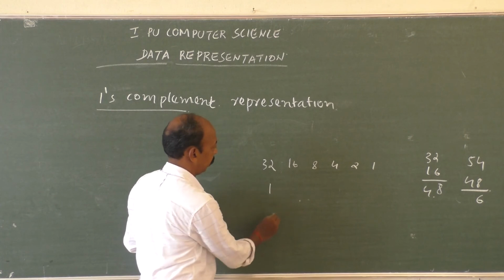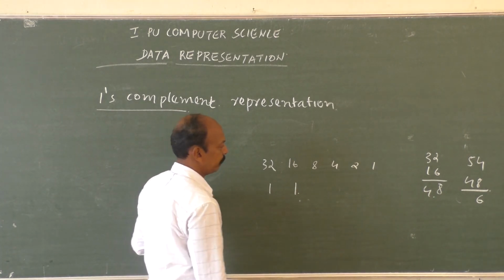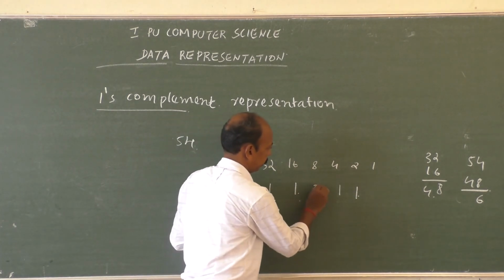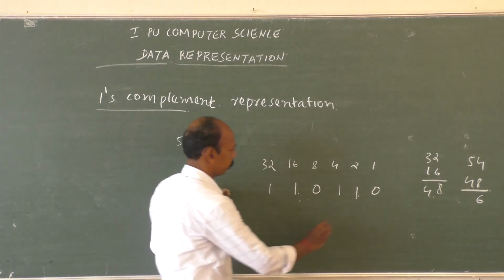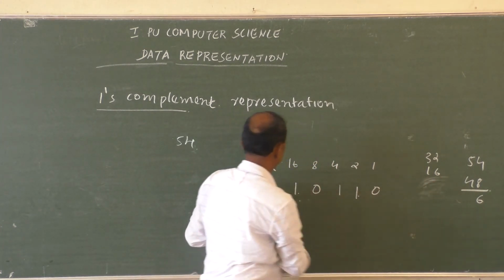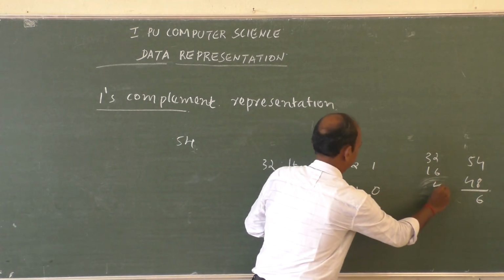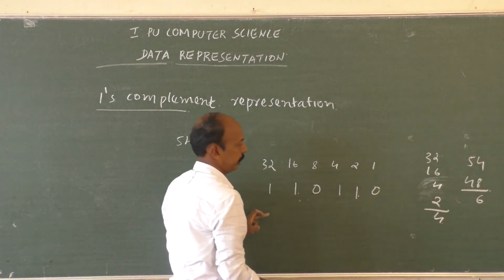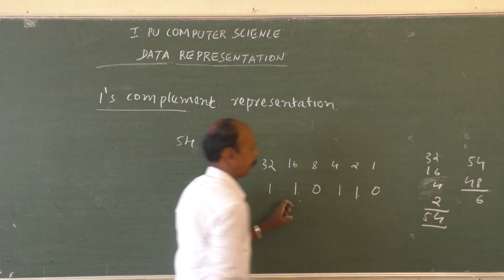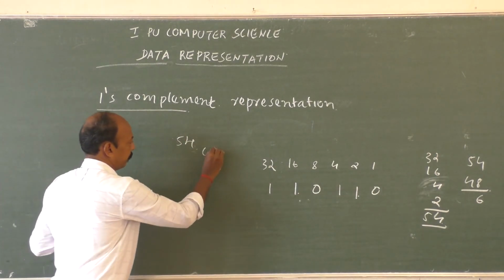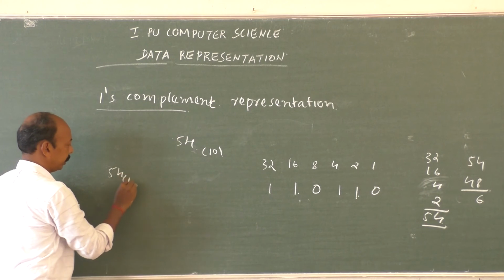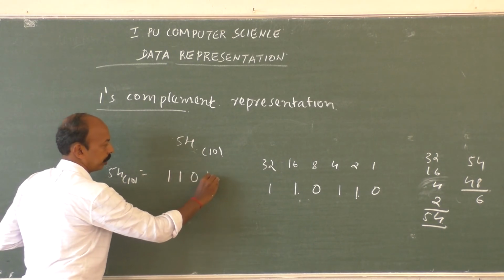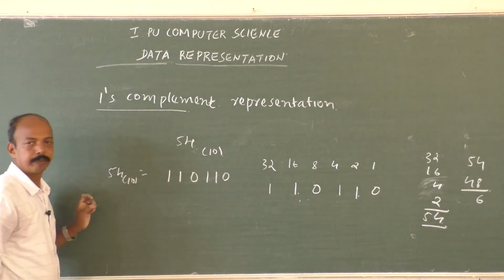So 6 will be 4 and 2, 0, 0. Let's cross verify it. 32 plus 16 plus 4 plus 2, 54. Yes, right. So 54 to the base 10 is equal to 1, 1, 0, 1, 1, 0 to the base 2.